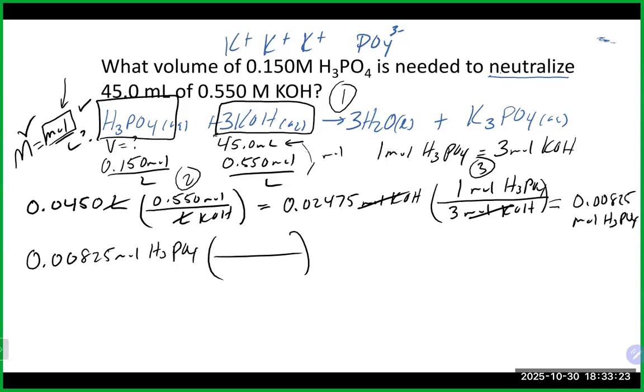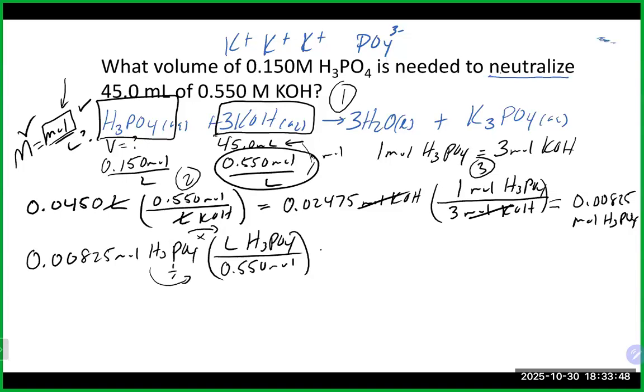We will use our molarity here as a conversion factor. So in this case, we actually do need to flip it, so moles are on the bottom, and that would give us 0.550 moles per liter of phosphoric acid. And again, we're dividing what's on the bottom, multiplying whatever's on top. So in this case, we're actually going to divide by 0.55.